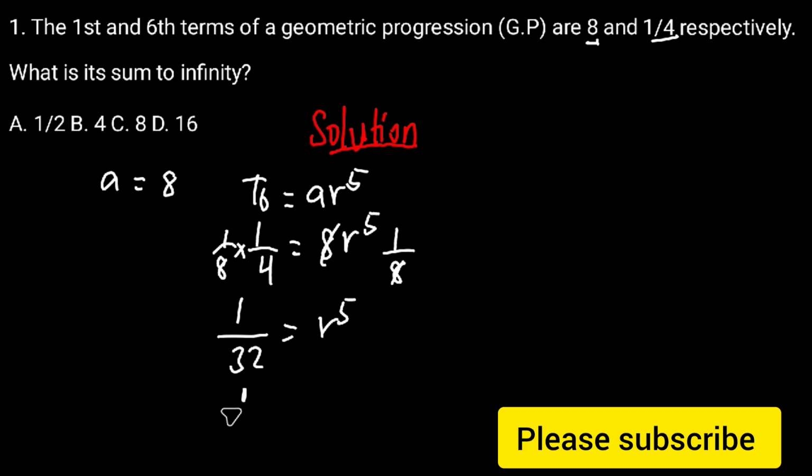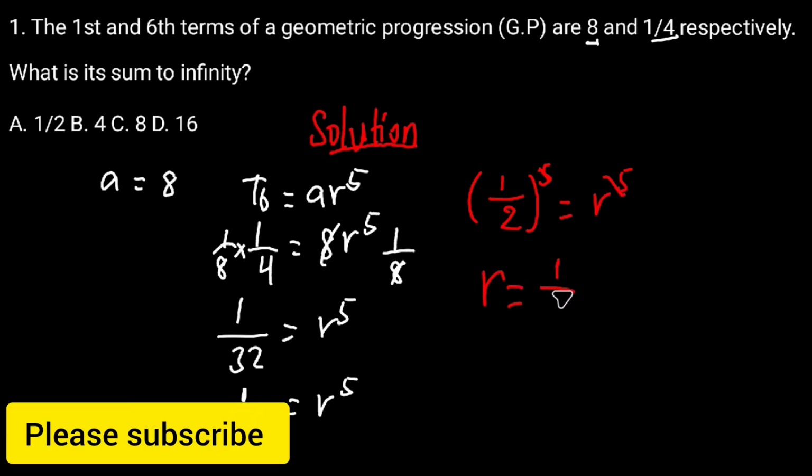So we write 1/2 raised to the power 5 equals r raised to the power 5. When the exponents are equal, we equate the bases. So r is equal to 1/2. This is the common ratio for this question.